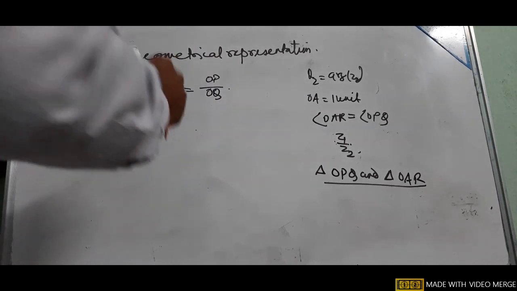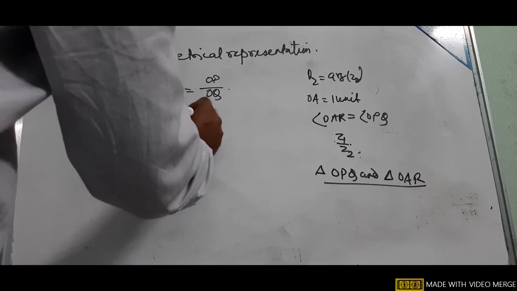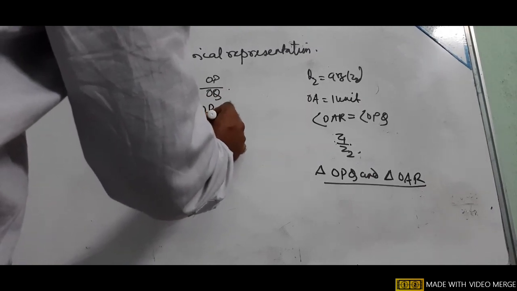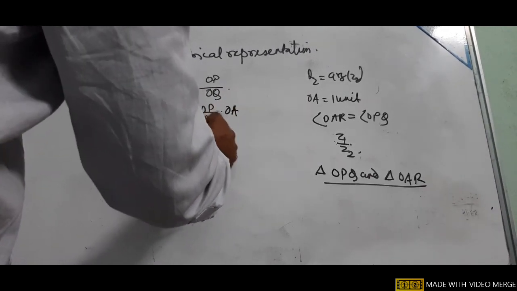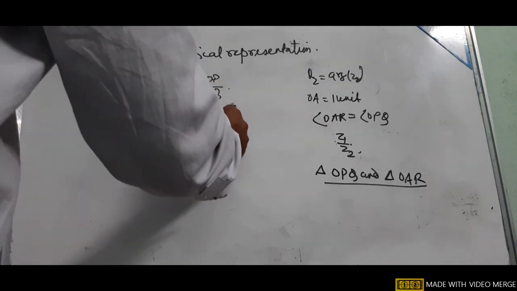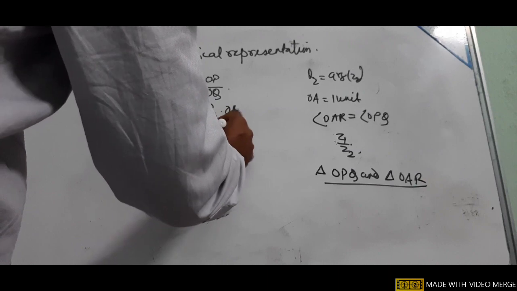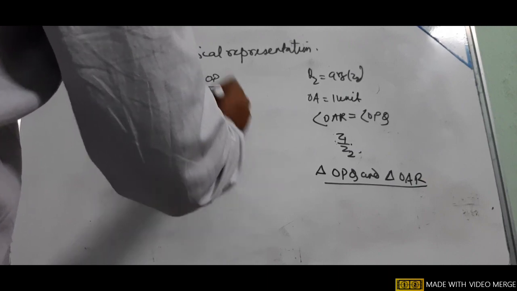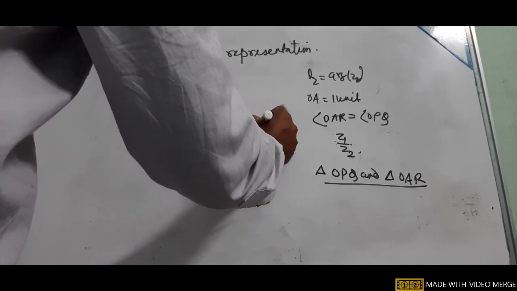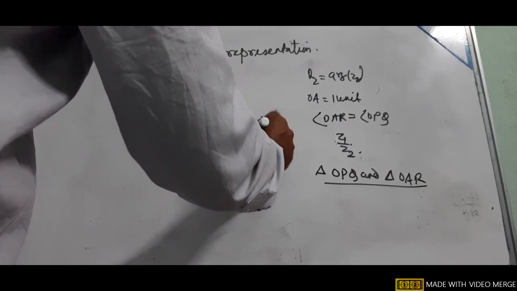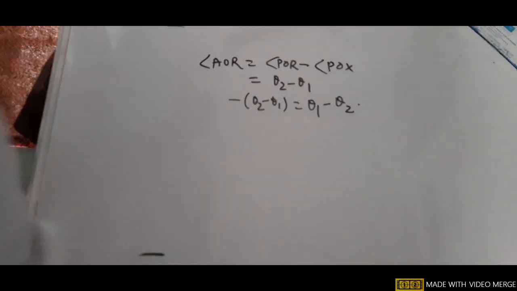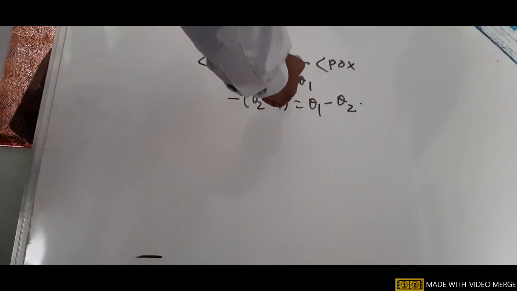So OR is equal to OP by OQ into OA, and OA we have taken as 1 unit, so OP by OQ becomes modulus of z1 by z2, and that is equal to mod of z1 by mod of z2. And the angle AOR is equal to POR minus POX from the figure.